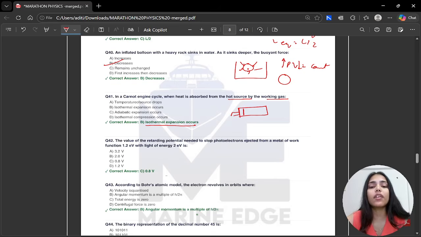There's gas inside, and this gas is trying to push the piston, so the piston moves here. Because of that, the temperature will drop because the gas expanded. But from the heat source, we are constantly supplying heat to maintain the temperature of this gas. So the temperature remains constant, but expansion is also happening. So it is isothermal expansion, okay?